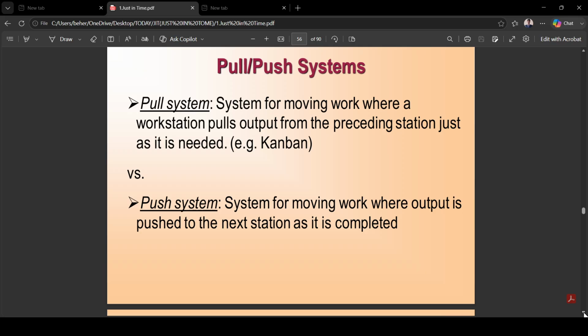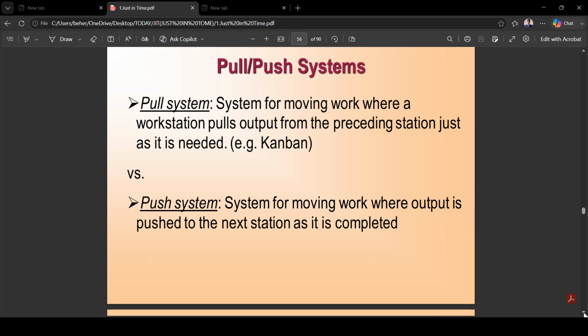Pull system. A pull system is a method of moving work where a workstation pulls output from the preceding station just as it is needed. Example: Kanban. In contrast, a push system is a method of moving work where output is pushed to the next station as it is completed.